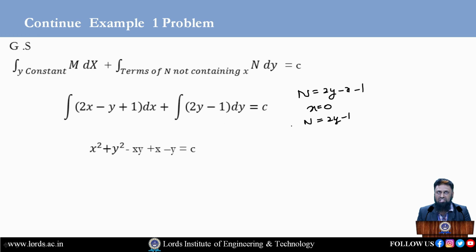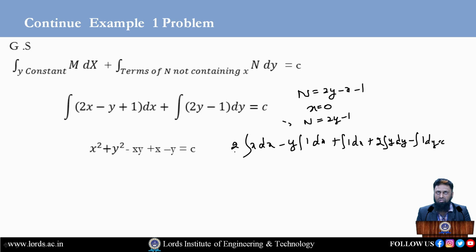Now you take the integration. Here y is a constant, so you take out integration of x dx, minus y, integration of 1 dx, plus integration of 1 dx, plus 2 out, integration of y dy, minus integration of 1 dy, equal to c.